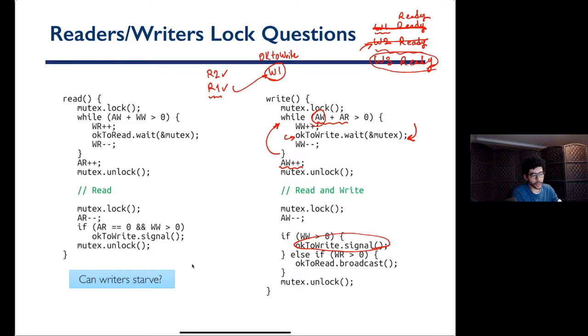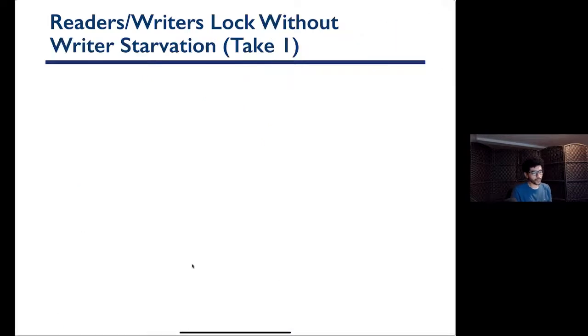So now W3 starts running, and then W1 goes back to sleep, and this could continue forever. So there is no guarantee for W1 to eventually run. So this implementation does not guarantee that a writer will eventually get to acquire the write lock, and it could starve. Now, how do we fix this?